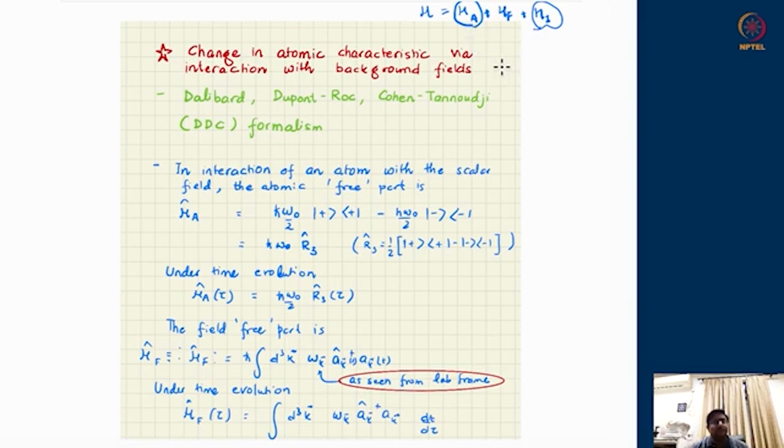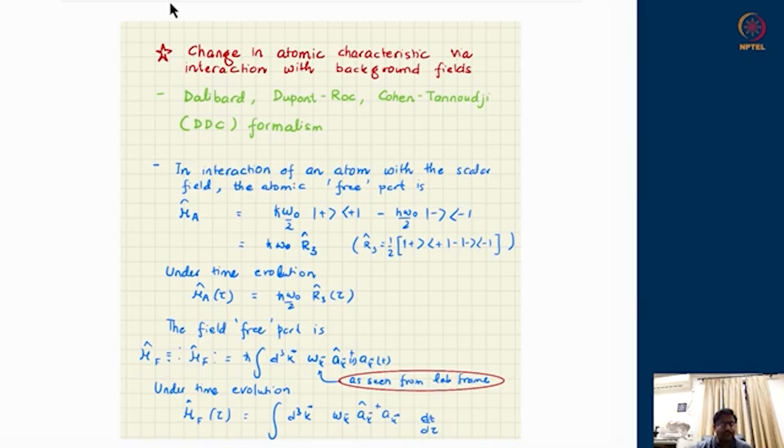We should be aware that the energy gap itself changes due to the interaction with the field, even if the field is in a vacuum, through vacuum fluctuations. This goes by the name of Lamb shift: the energy eigenvalue difference between the atomic states keeps changing due to interactions with vacuum fluctuations.